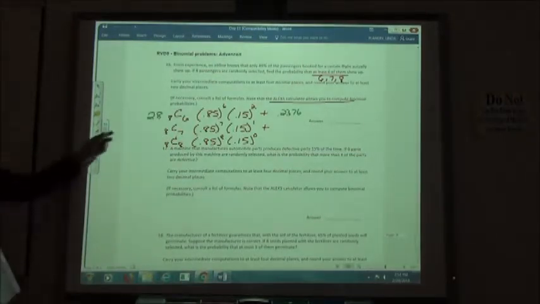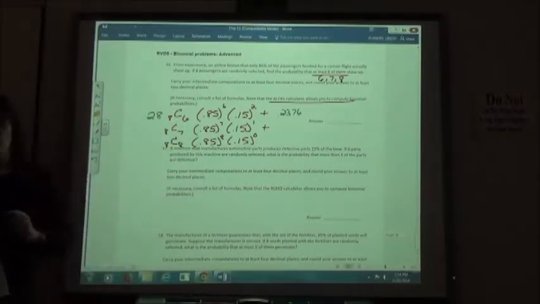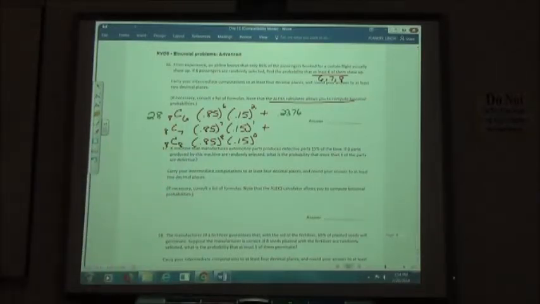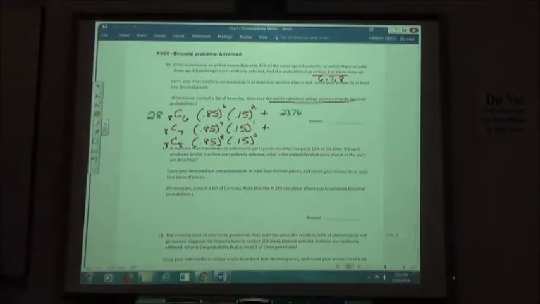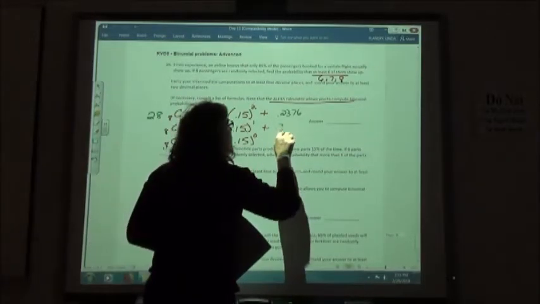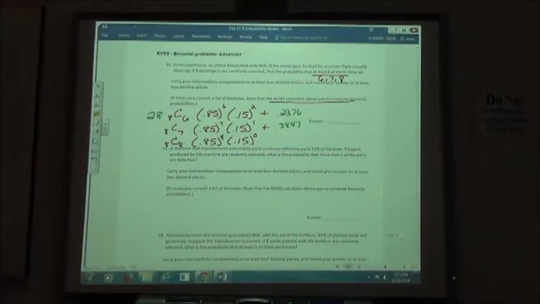Yep, okay. Let's try the next one. So again, figure out your combination first and then multiply. 0.3847. Getting that number?